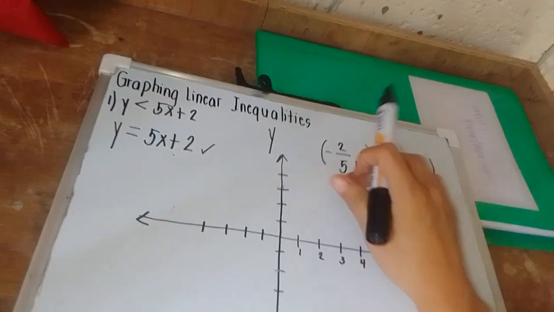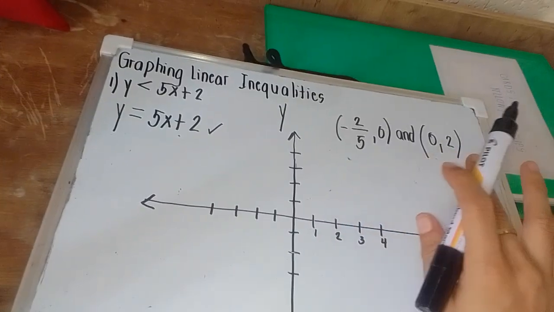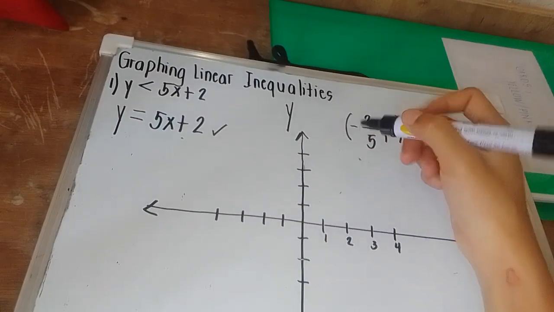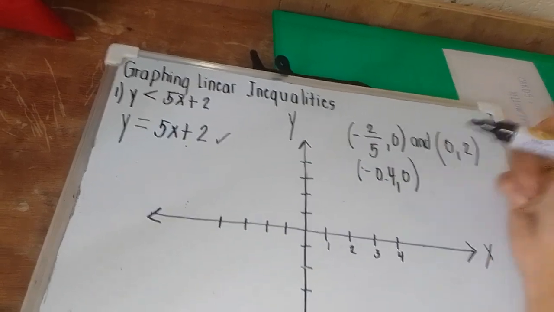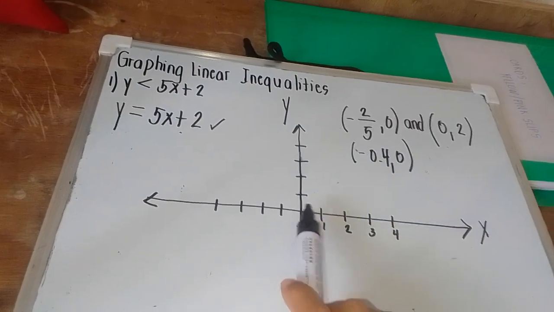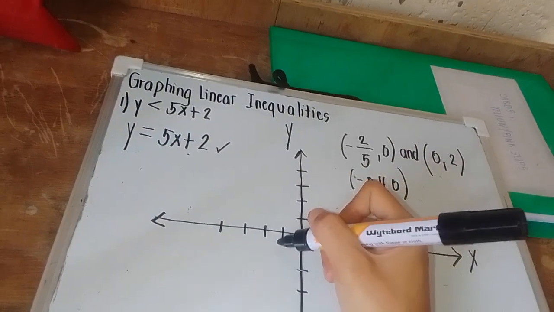Now, since this is a fraction, we convert it to a decimal so we can estimate where it is on the Cartesian plane. That would be -0.4 and then 0. So, where is -0.4? Remember that from the point of origin, going to the left, that is -1.